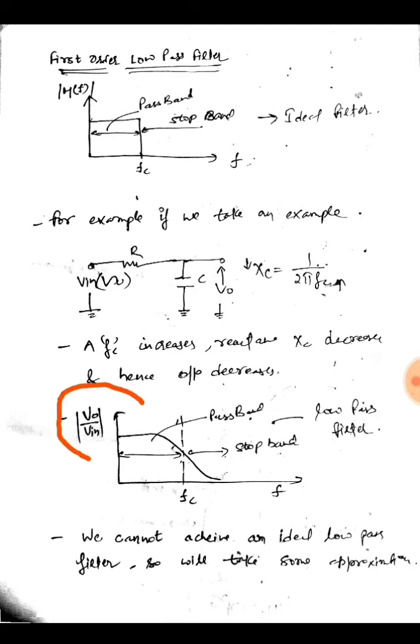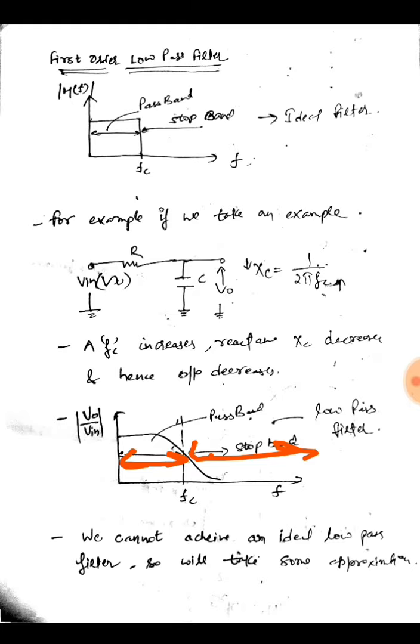This is our ratio V0 upon Vin. As the frequency increases, this V0 will start decreasing, so up to fc it is the pass band, and after that there will be a stop band. So we cannot achieve an ideal low pass filter, so we will take some approximation.